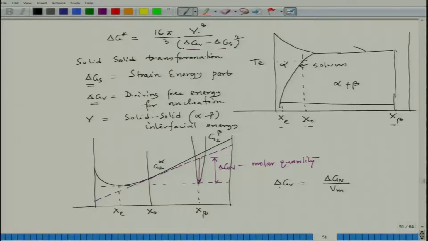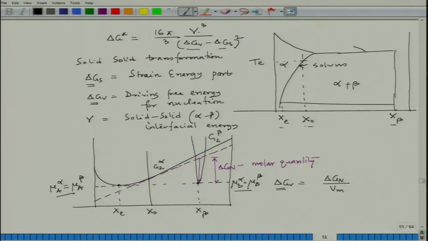So for this delta GV term, we could do the calculation by considering the free energy line equation of alpha, the free energy line equation of beta, and then finding the equilibrium composition from the concept of chemical potential, which is at this point mu A of alpha equal to mu A of beta, and here mu B of alpha equal to mu B of beta. These concepts we can follow up, and we have done such calculations while doing the isomorphous phase diagram from thermodynamic principles.